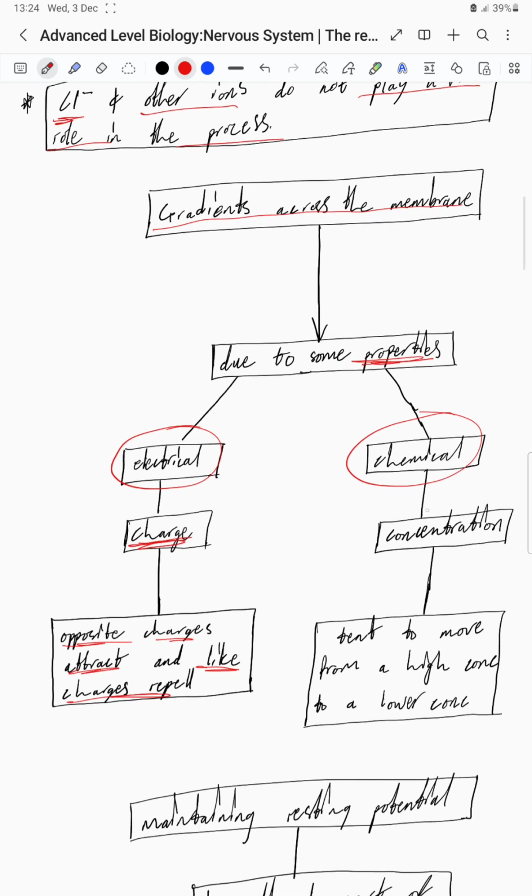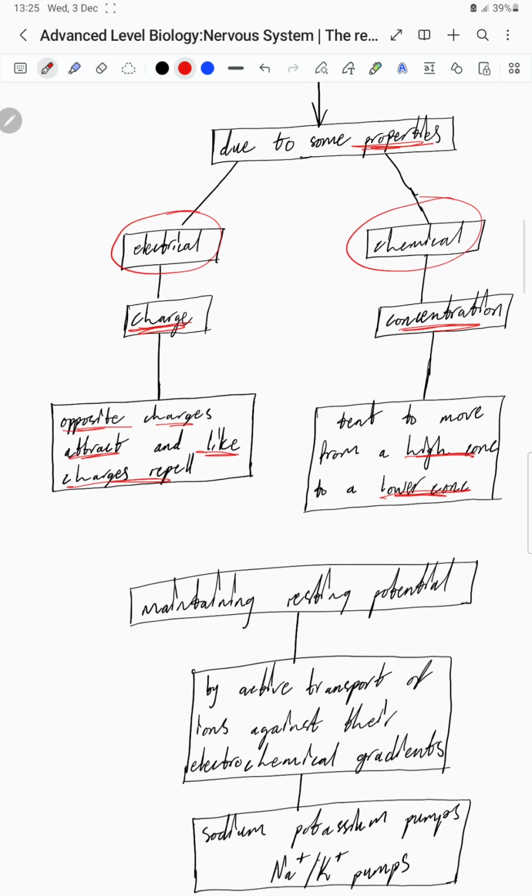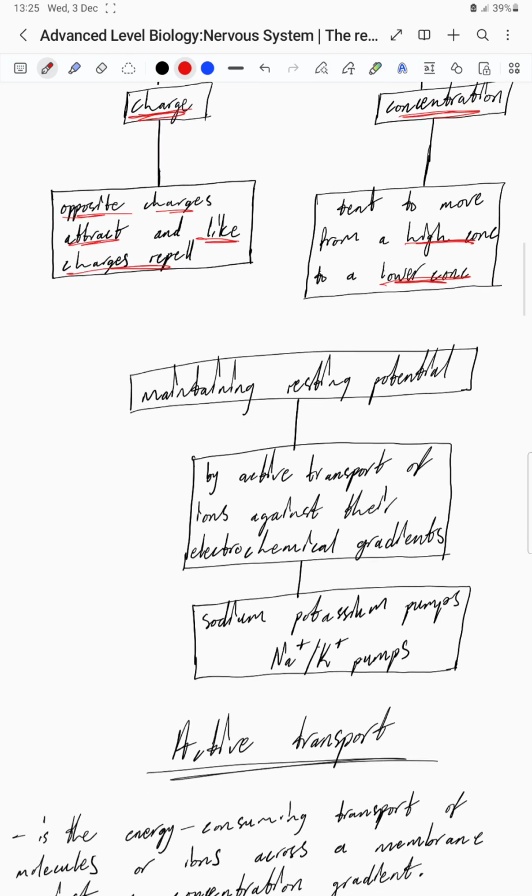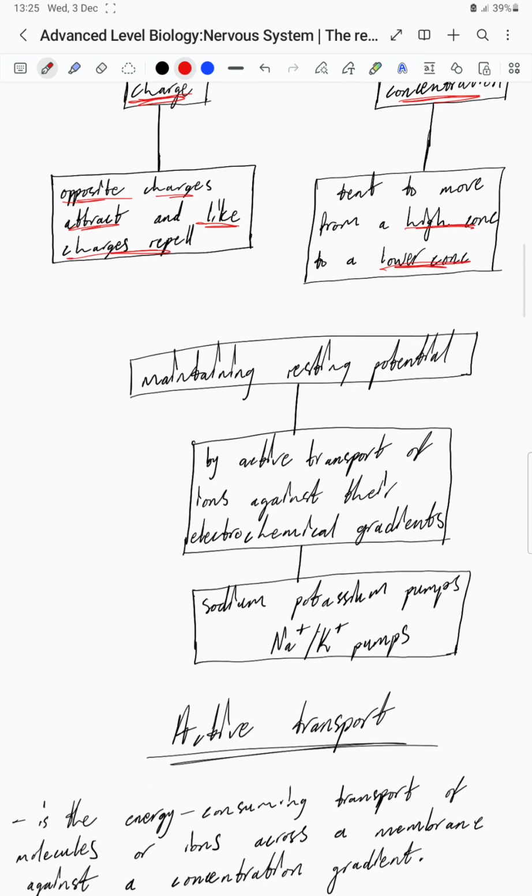We also have concentration. Concentration usually moves from high concentration to low concentration. This is the chemical property. So we want to look at the maintenance of the resting potential.